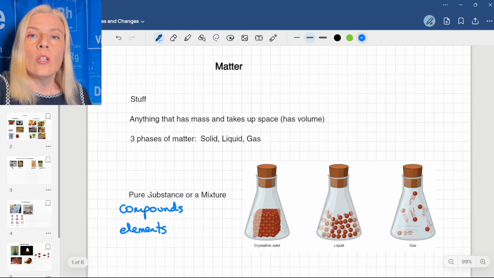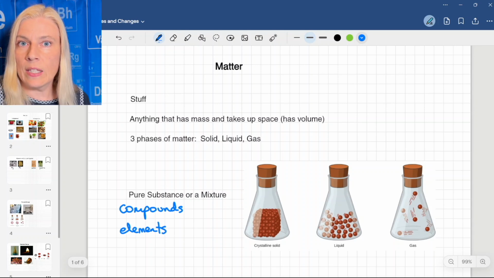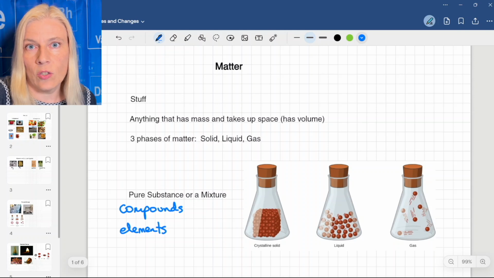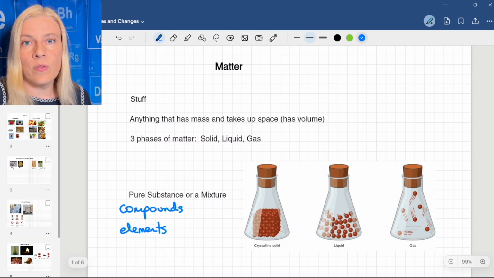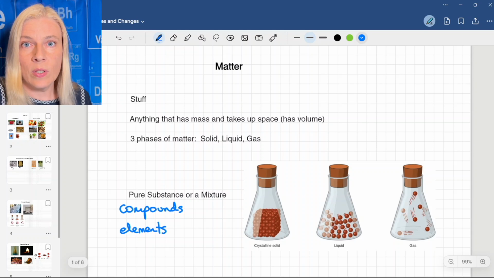If their composition is always the same, no matter if you take it from nature or make it in a factory, it's a compound. And a perfect example of a compound would be vitamin C. Vitamin C always has the same chemical formula. It doesn't matter if you eat it from a lemon or if you take it from a vitamin C supplement that is made in a factory.